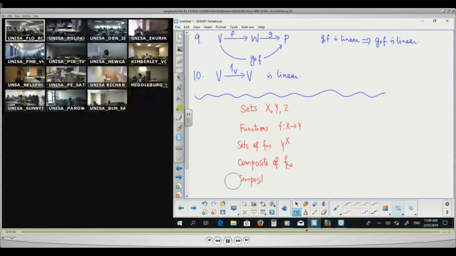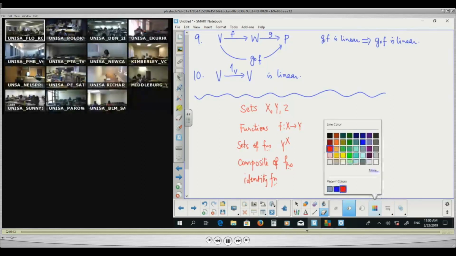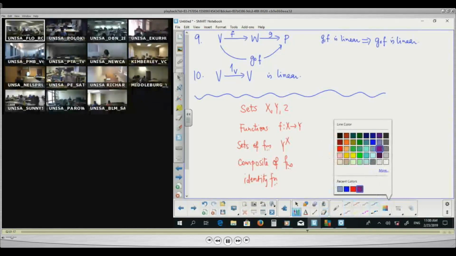Composites of functions and the identity. So in this line, what I am going to draw is an exact analog.